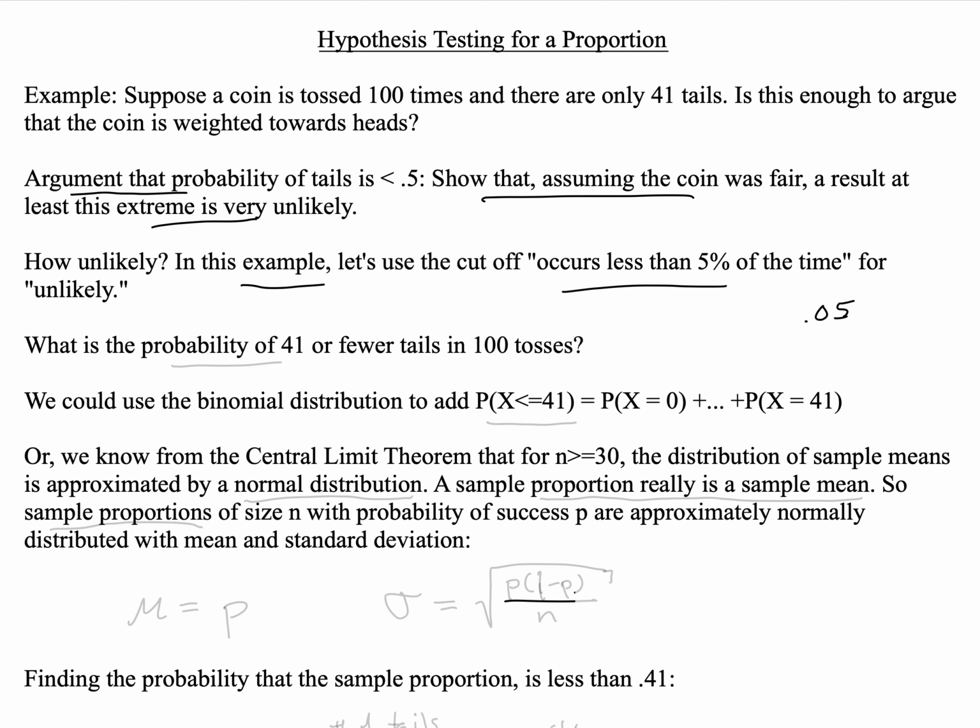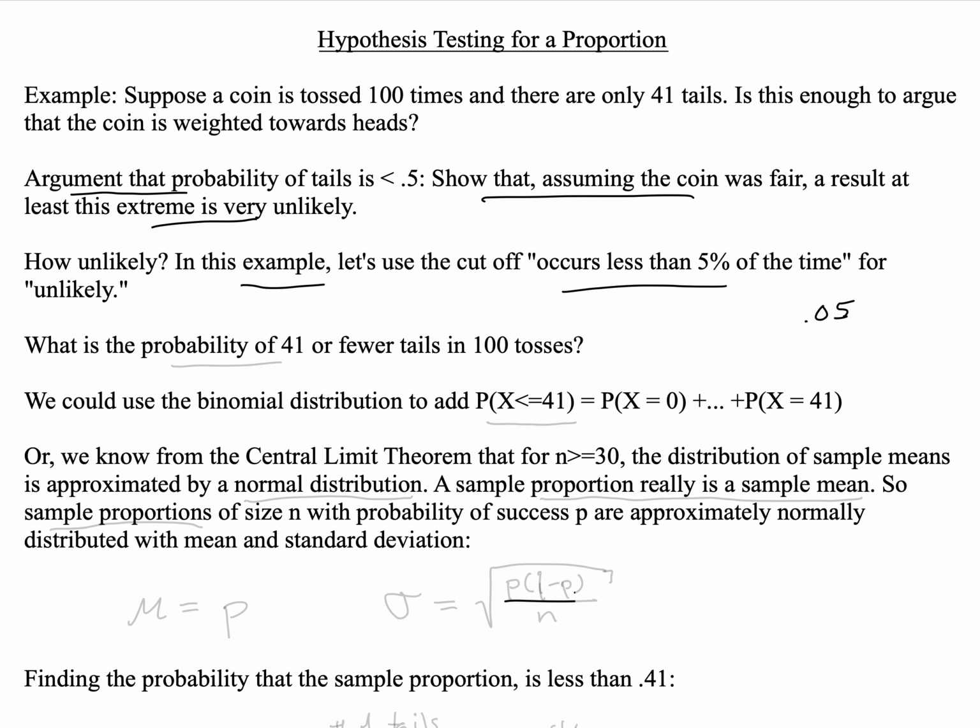And so that really is a sample average, a sample mean. So sample proportions of size n with probability of success p are approximately normally distributed, and the mean is just the proportion of successes that we expect. And the standard deviation is the square root of p, the probability of success, times 1 minus p, the probability of failure, divided by n, the sample size, all under the same square root.